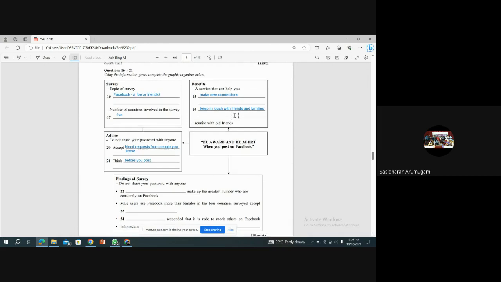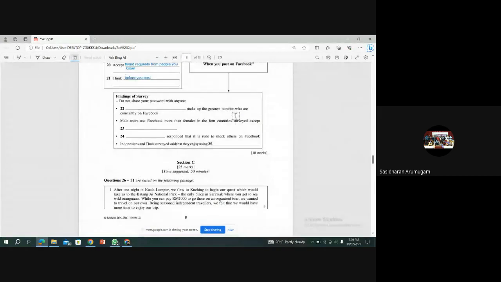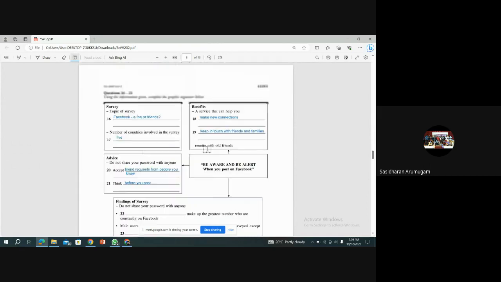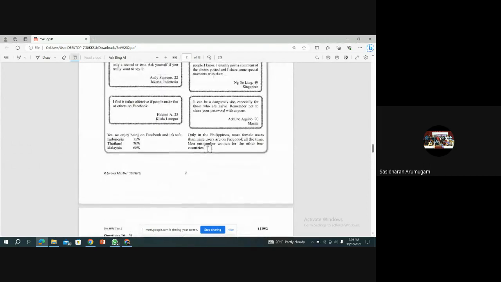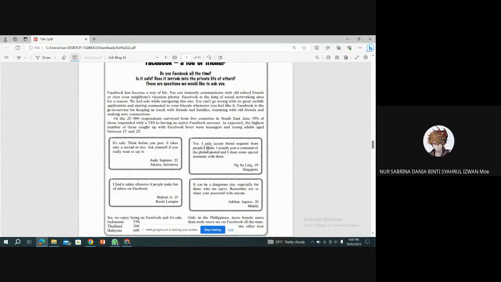For finding on the survey, 22. Make up the greatest number who are constantly on Facebook. What is that? Teenagers and young adults.